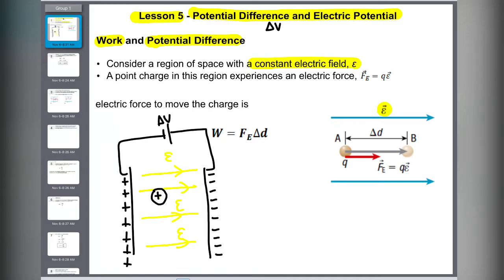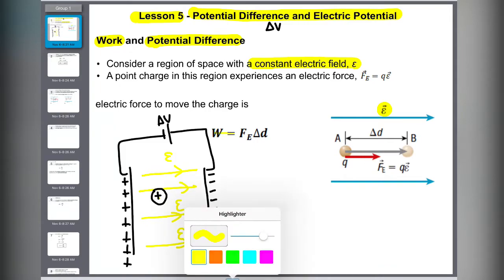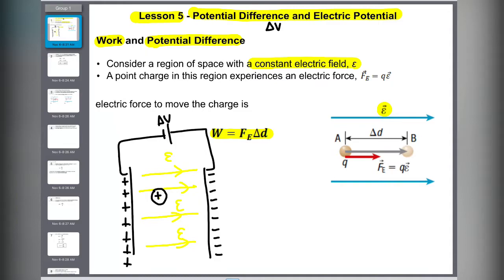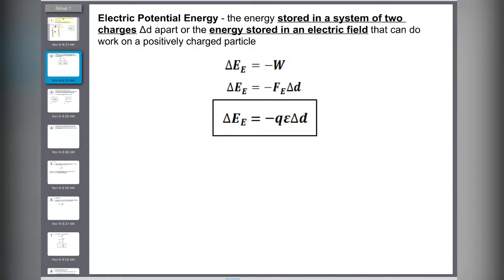by the electric field. So back to the last unit, work is force times displacement. And the other equation that you need to remember is the electric force is Q epsilon. So these are old equations that you know. The only thing that we're really changing is the Fe specifically. And what is the electrical potential energy?